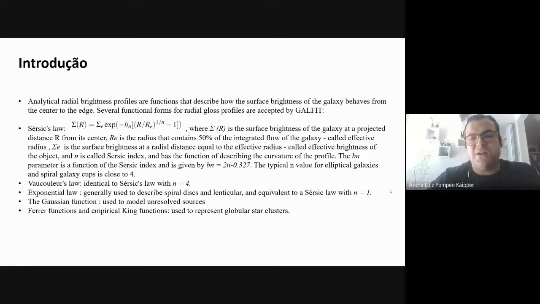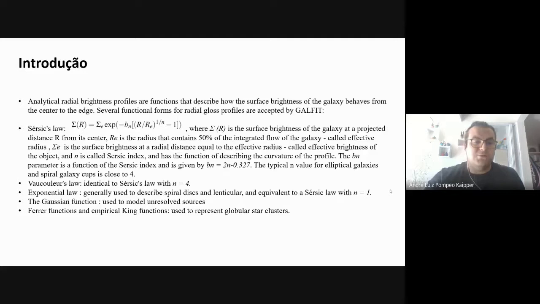The typical n value for elliptical galaxies and spiral galaxy bulges is close to 4. So that is another law, but I don't use that too much.